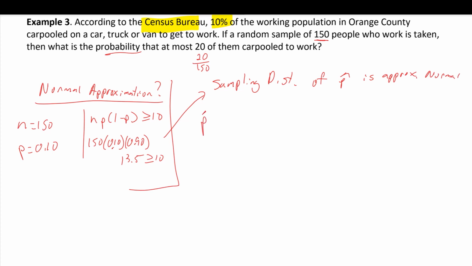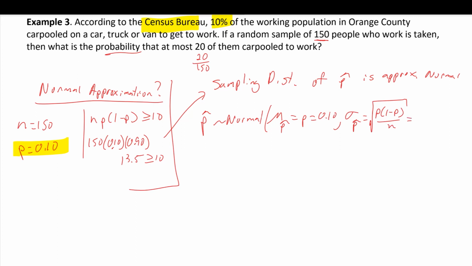That means that p hat is normal, with the mean of p hat being the population proportion, which in our case is 0.10, and the standard deviation of p hat is the square root of p times 1 minus p over n.